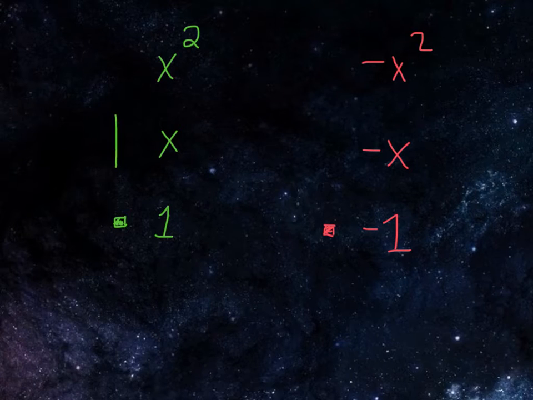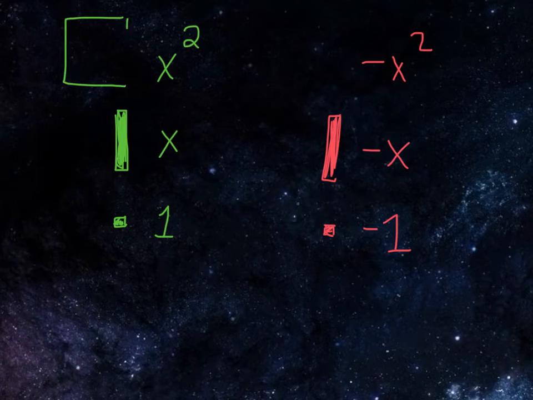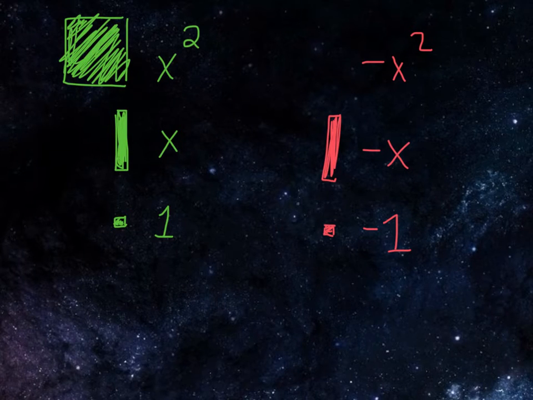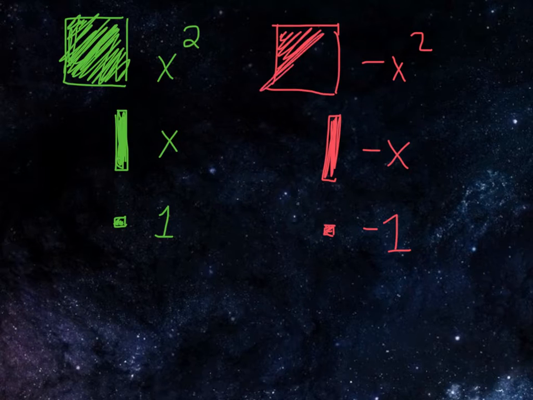X's are represented by a long, thin line, like this, and then our negative x would be the other colored version of that. And then finally, x squared, we use a large square to represent. The reason we do that is because x squared, as you know, is x times x, which is the area of a square.